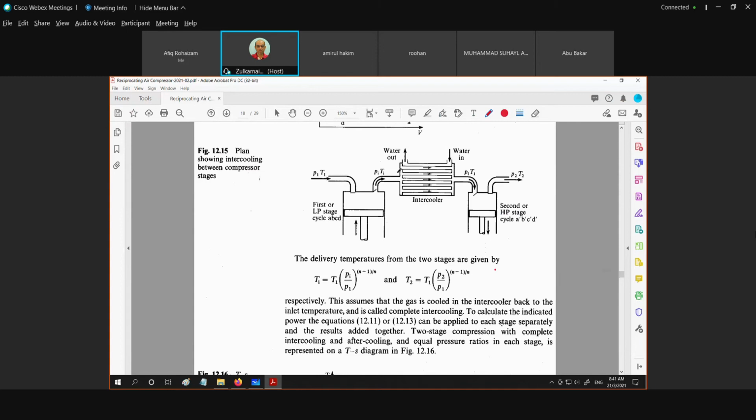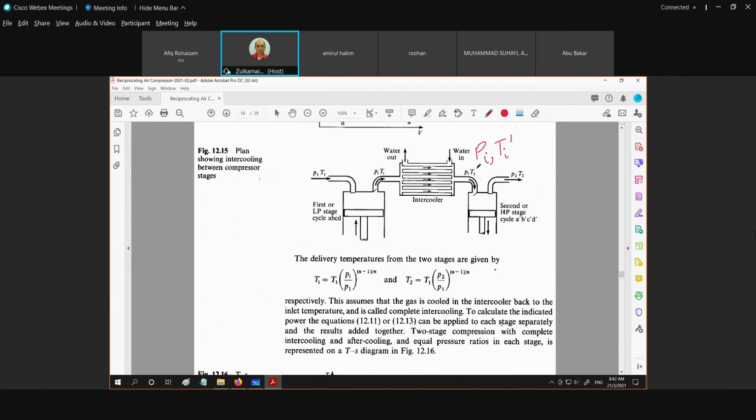Kemudian kita masukkan dalam intercooler, the pressure will maintain but the temperature will reduce. Okay, so yang keluar di sini adalah T1 prime. Okay, T1 prime. So di sini condition yang keluar adalah P1 T1 prime.